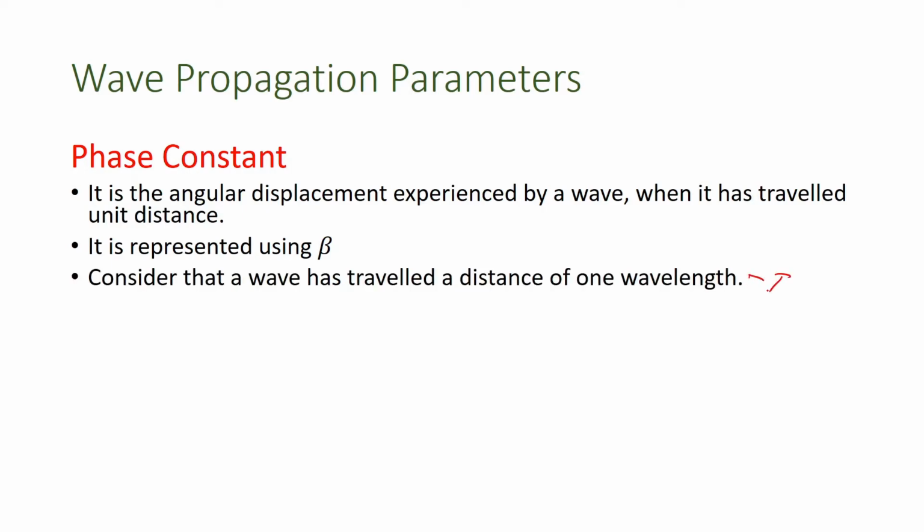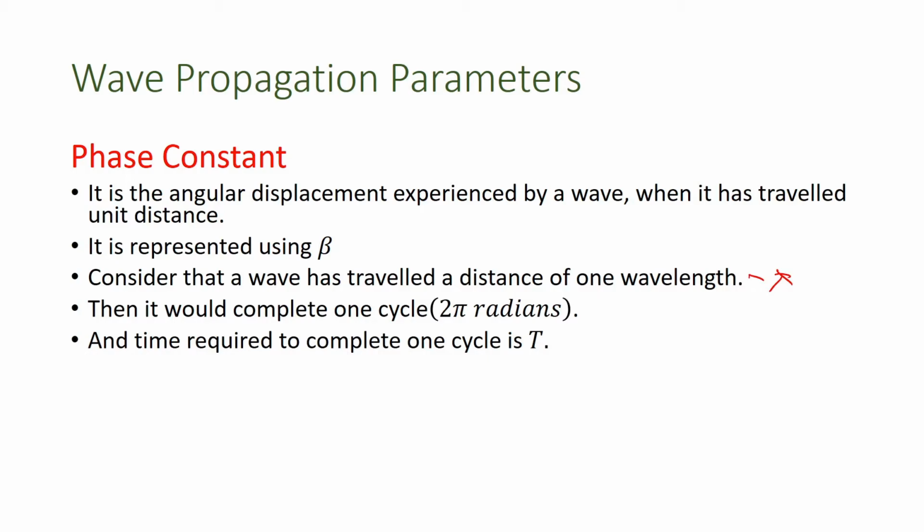If it has traveled for a distance of wavelength lambda, that means it has completed a 1 cycle. That means an angular displacement of 2 pi radians. So the angular displacement per unit distance is 2 pi by capital lambda.